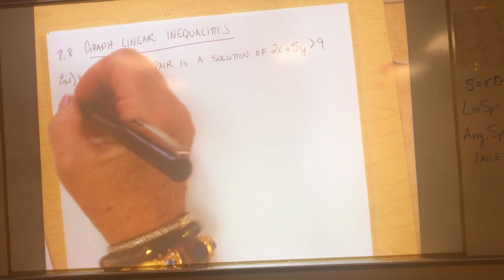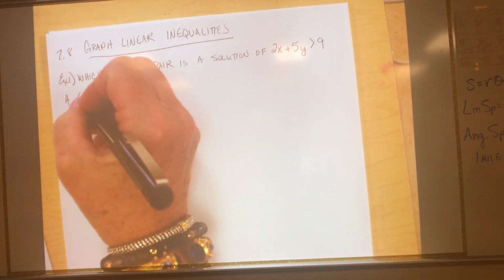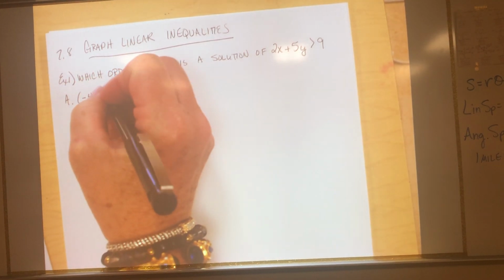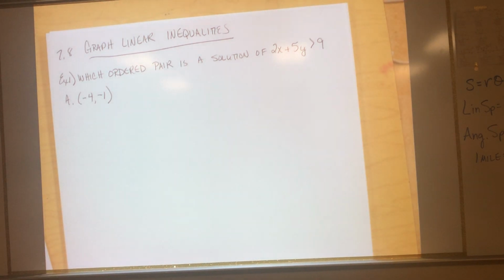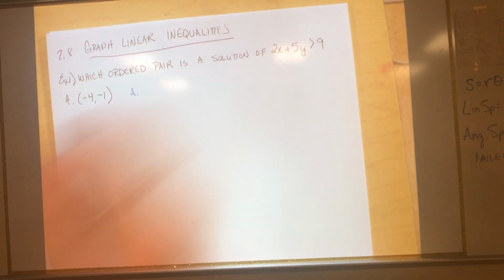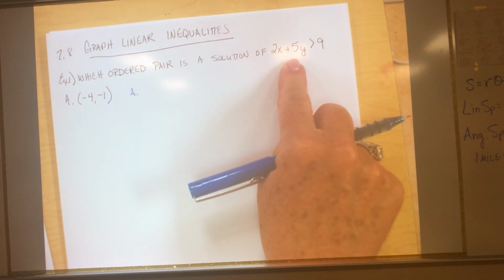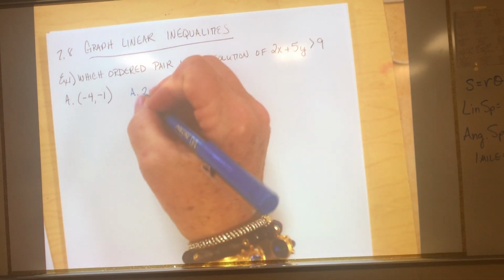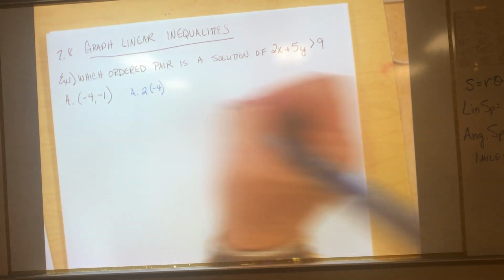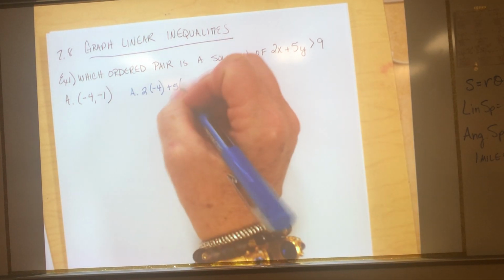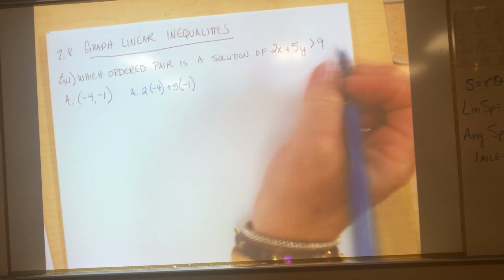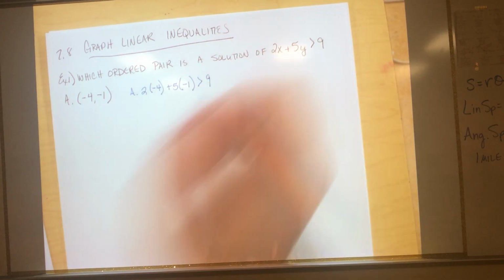All right, so here's my first one. -4, -1. Now what am I gonna do with that? Plug in. Yeah, I'm gonna plug it in, and what am I looking for? If it's greater than 9. Yeah, I wanna know, is it gonna make a true statement? So I'm gonna say 2 times -4 plus 5 times -1 is supposed to be greater than 9.